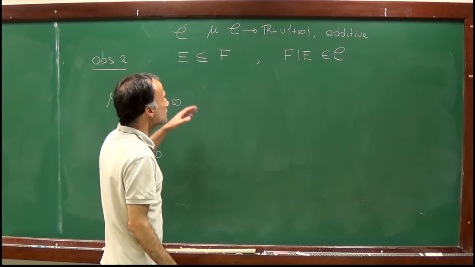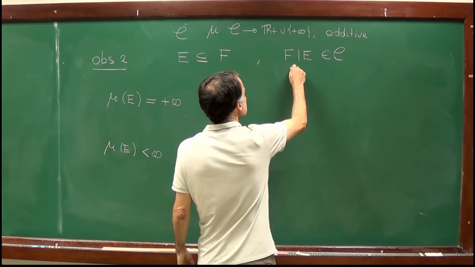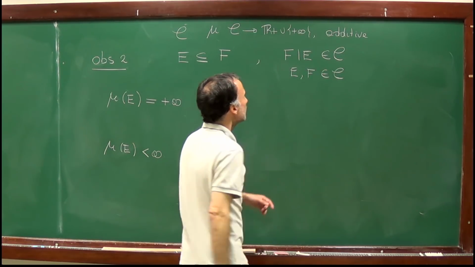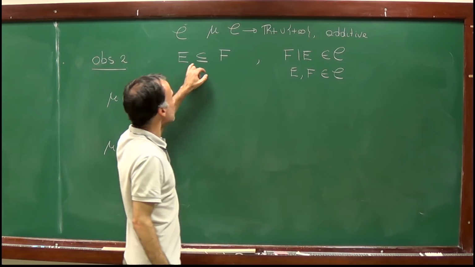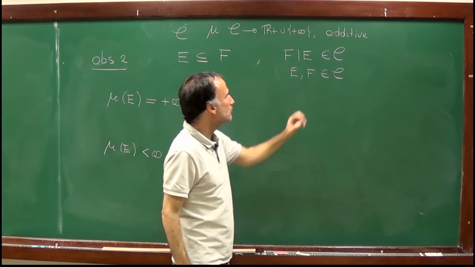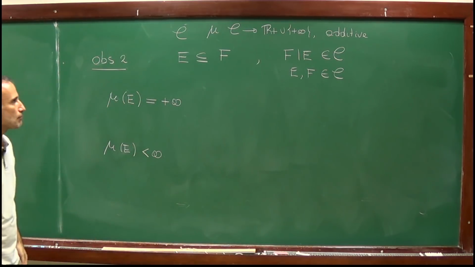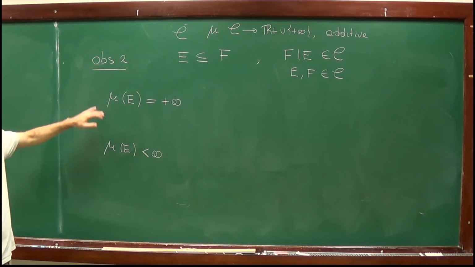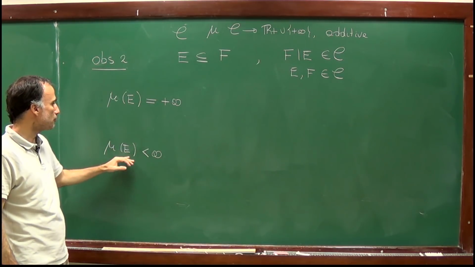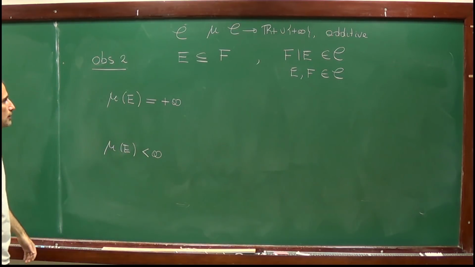So let's consider the case in which we have sets E and F, which belong to C, and let's assume that E is included in F, and that F minus E belongs to C. As I said, we have two possibilities, either mu of E is plus infinity or mu of E is finite. Let's see what happens in these two conditions.